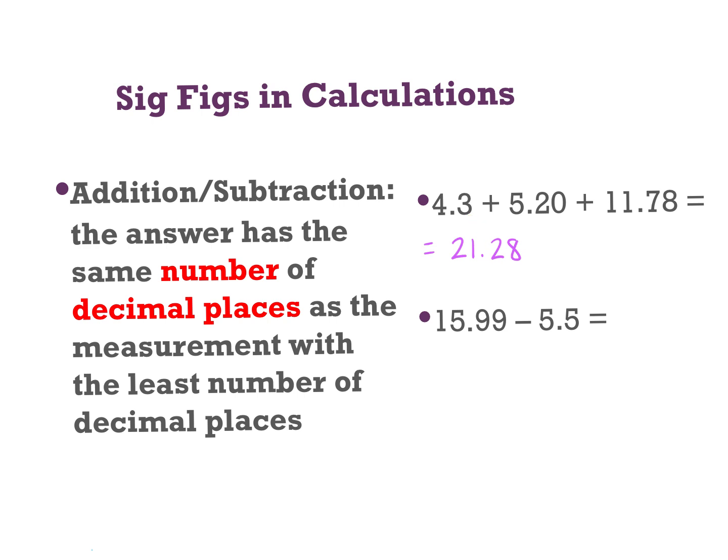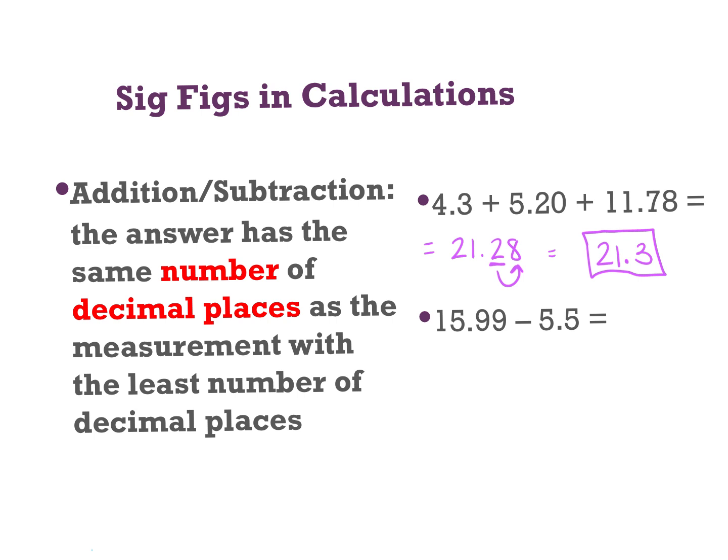How I like to write this, I draw a line over where it should stop. But then you have to look at the next digit to know if you're going to round up or down. So if it's 21.28, what is that 8 going to cause you to do? Round up. So what are we going to write as the answer? Good. So 21.3, and then somehow circle or highlight to make your real answer noticeable.